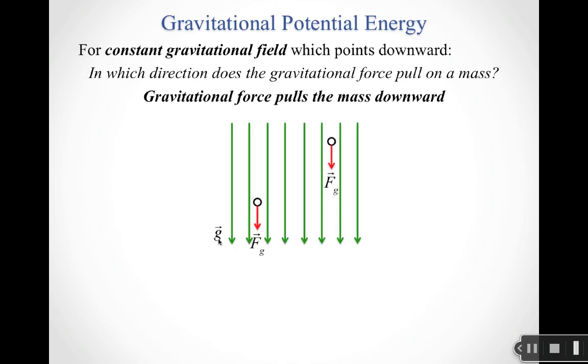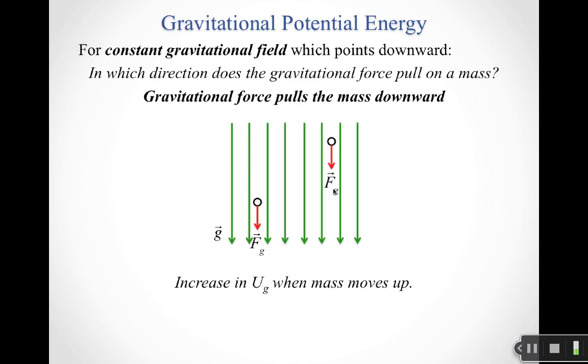If, on the other hand, I start with an object at a lower height and raise it up, because now the gravitational force points opposite the direction of the displacement, the gravitational force does negative work. So here, gravitational force points down, displacement points down, gravitational force does positive work. Here, gravitational force still points down, but the object is moved up, so the displacement points in the opposite direction, so the gravitational force does negative work.